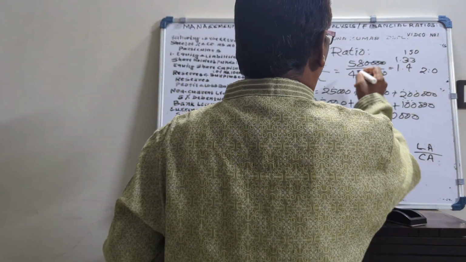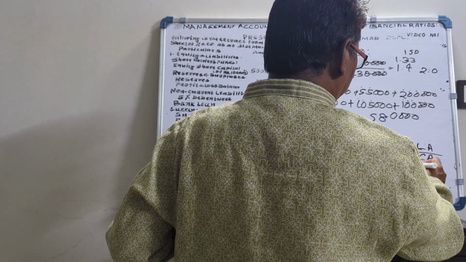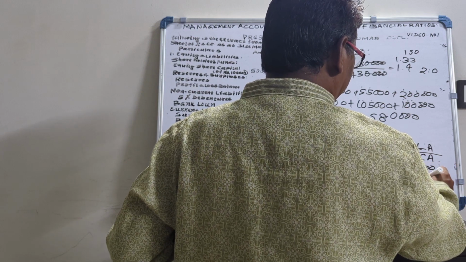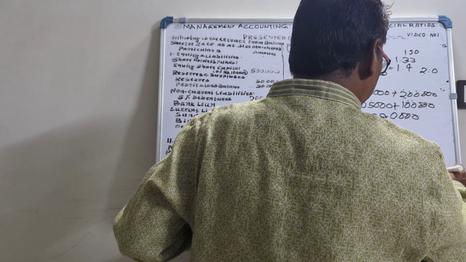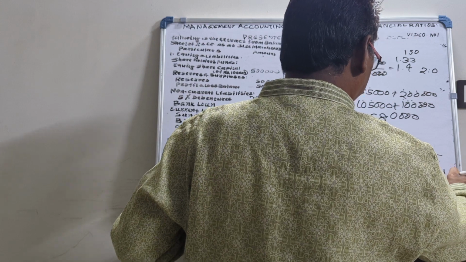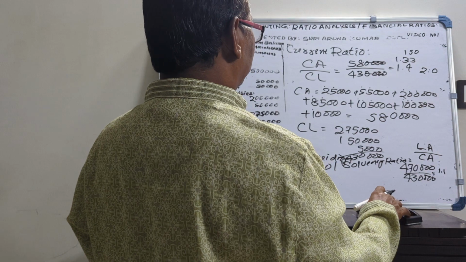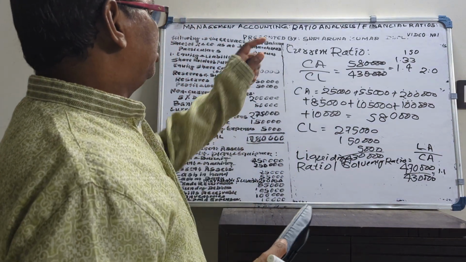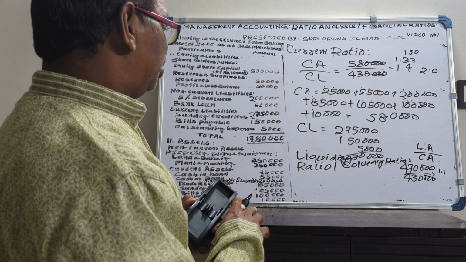So when we deduct 1,10,000, it will be 4,70,000 by 4,30,000. The ideal ratio is 1:1. So here also it is 1.1:1. So it is correct. Or we can consider that this company is having liquidity.